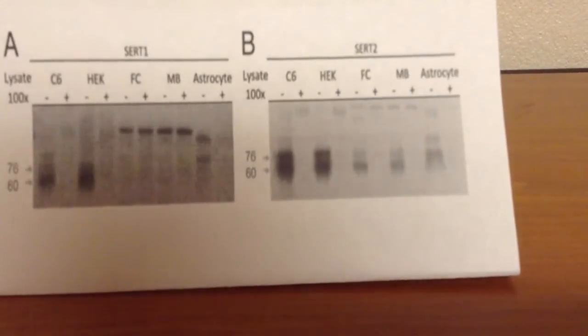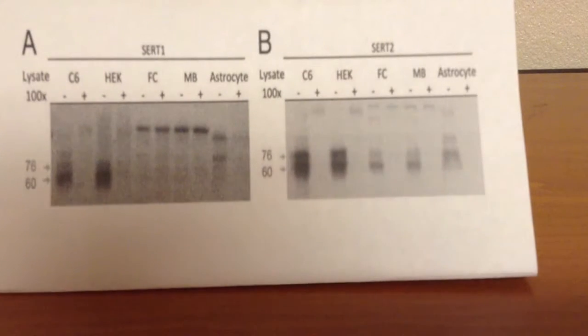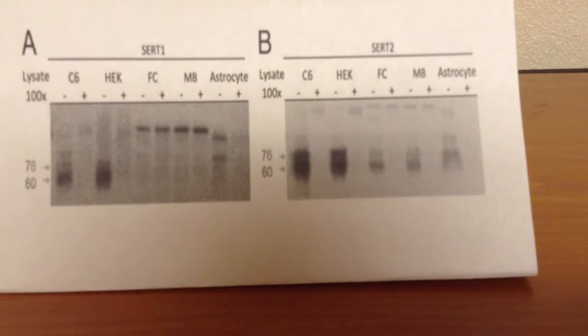Here, we can see a UV cross-linking electrophoresis gel, presenting two different kinds of probes, SERT1 and SERT2. This test is basically to see if you have a similar protein that binds to the distal element of the SERT in several types of neuronal cells specified on the top. We have to pay attention to these signals on the top.